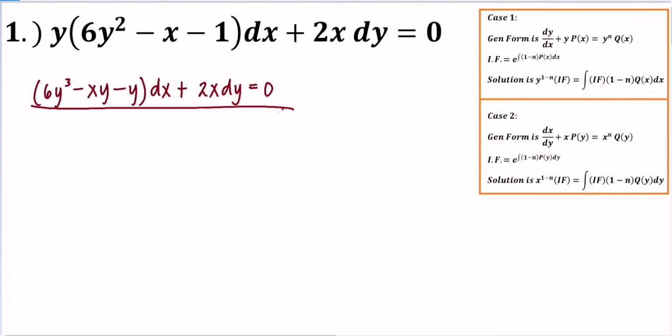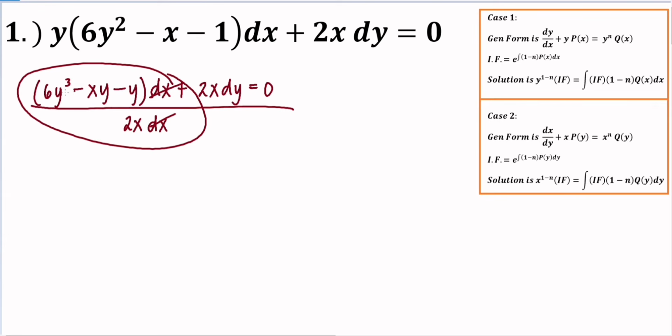So, again, i-divide ko yung buong equation sa 2x dx to cancel out 2x here, and then we will be left with dy over dx. Pero, syempre, lahat ng terms i-divide natin. Dito, makakancel si dx at ang matitira ay itong terms na 6y cubed minus xy minus y, all over 2x.